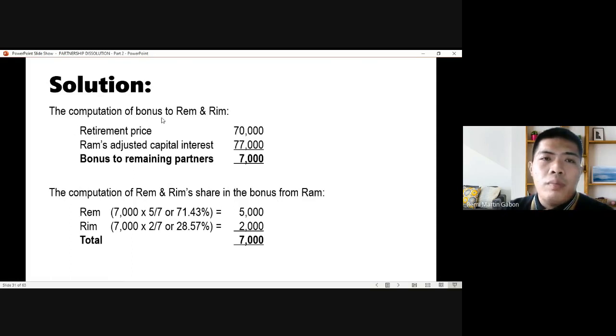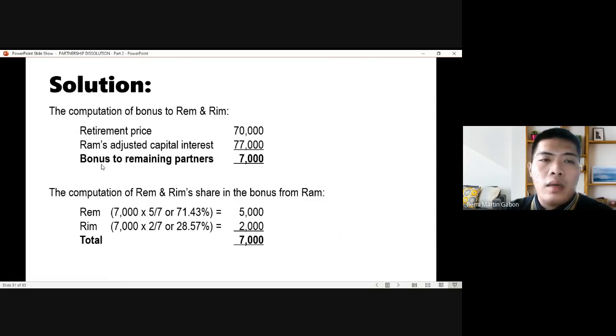Then the computation of bonus to REM and RIM. The retirement price will be 70,000, and RAM's adjusted interest is 77,000.